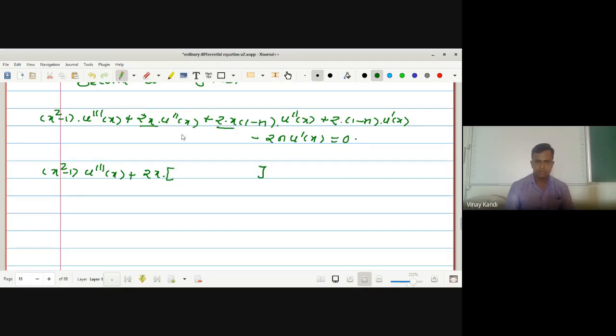Okay, in the bracket, u double dash, u double dash. Here we write u double dash of x. Okay, what remains now? 1 plus, this is 1 minus n. So this is 1 plus 1 minus n, u double dash of x plus, now taking u dash common, 2 common, here we get 2 into 1 minus n, this is minus n, okay, into u dash of x is equal to 0.